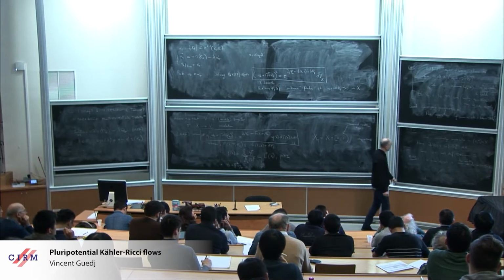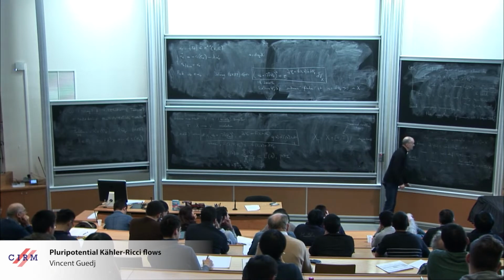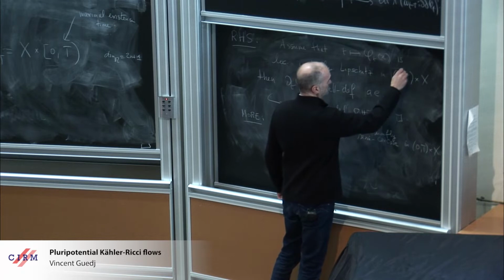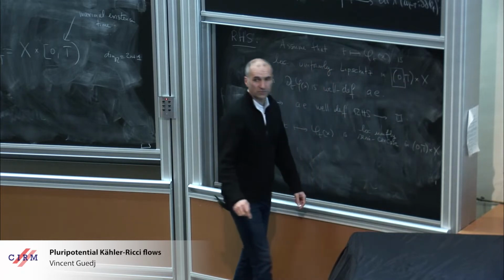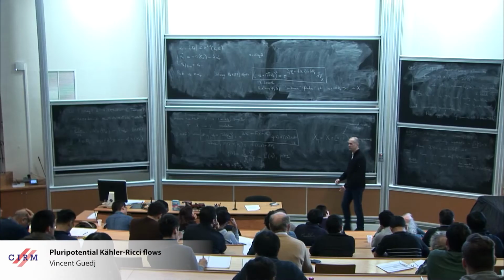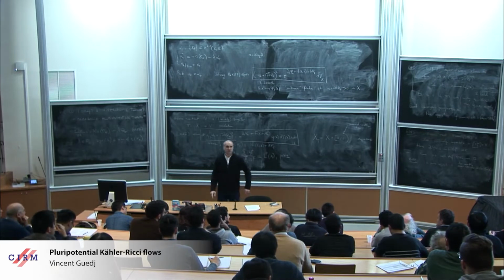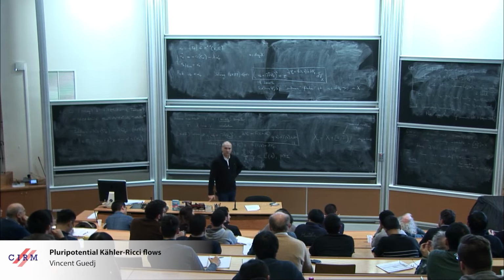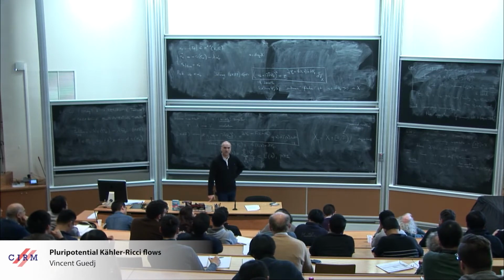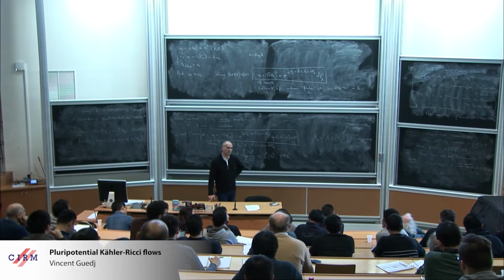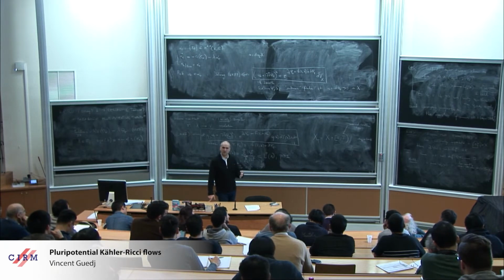One last remark is that we shouldn't ask for Lipschitz property or concavity property all the way down to time 0, because, as you may know, for the heat equation, and the same property holds for the Kähler-Ricci flow or complex Monge-Ampère flows, those flows have very strong smoothing properties.